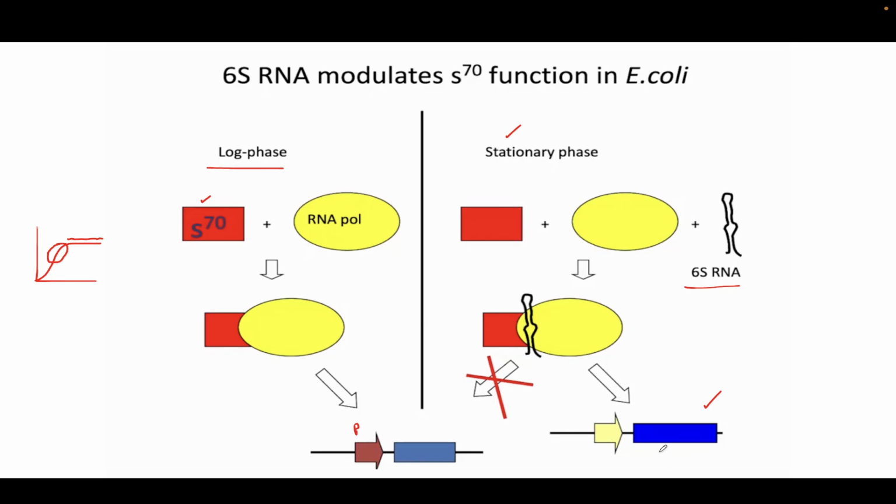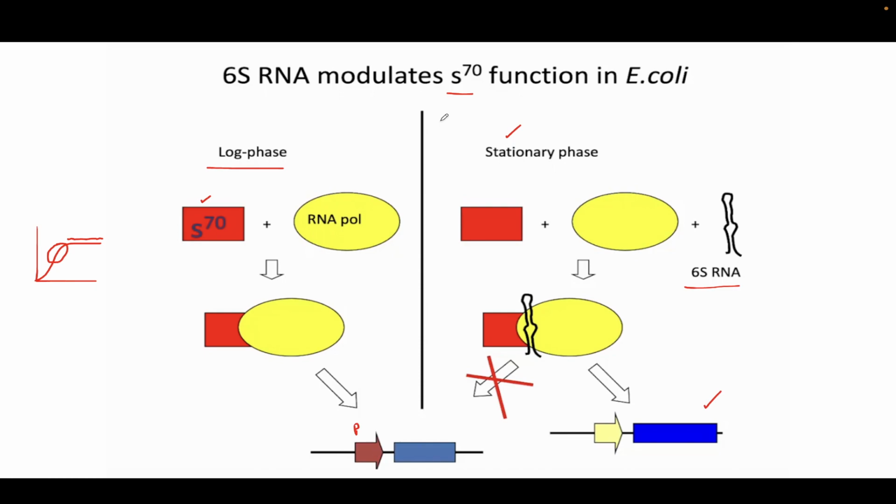The gene protein production gets stopped because of this, or you can call it S70 function. This S70 function gets stopped because of this 6S RNA, non-coding RNA. So this is one very good example of protein function modulation using non-coding RNA.